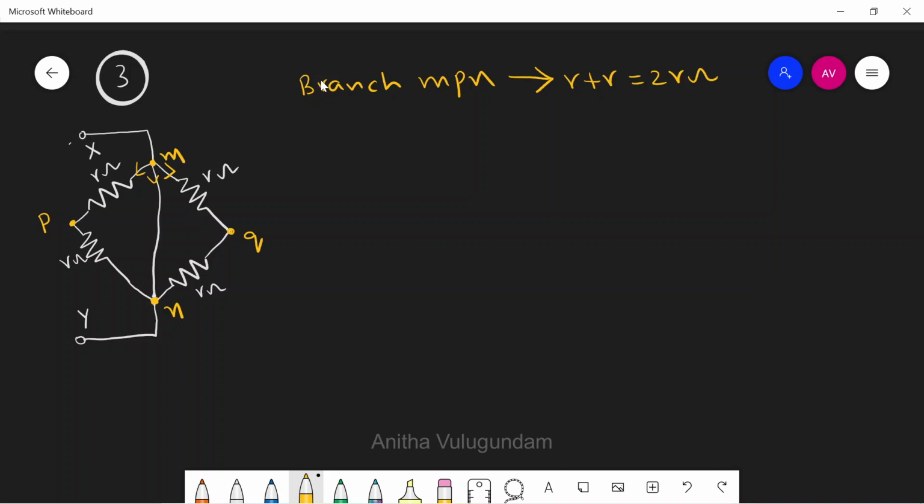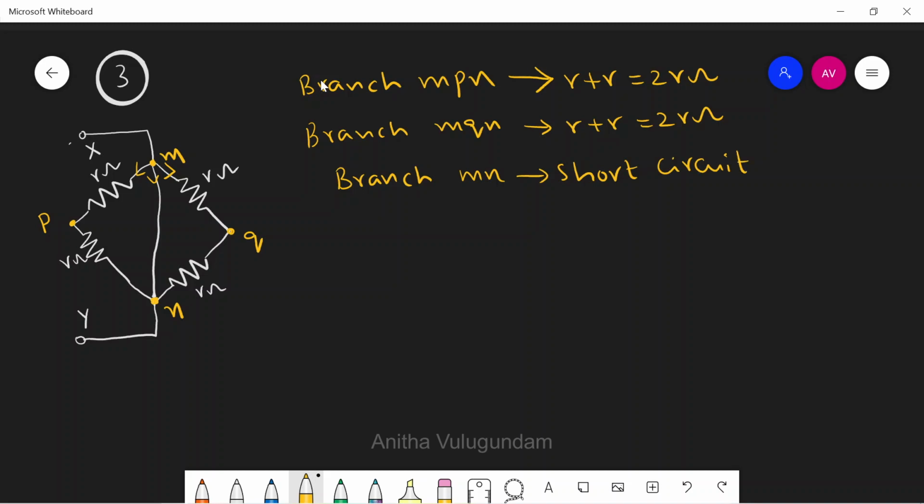Whereas for branch MQN, equivalent resistance is given by R plus R equal to 2R ohms. Whereas the other branch, this branch MN, is a short circuited branch.